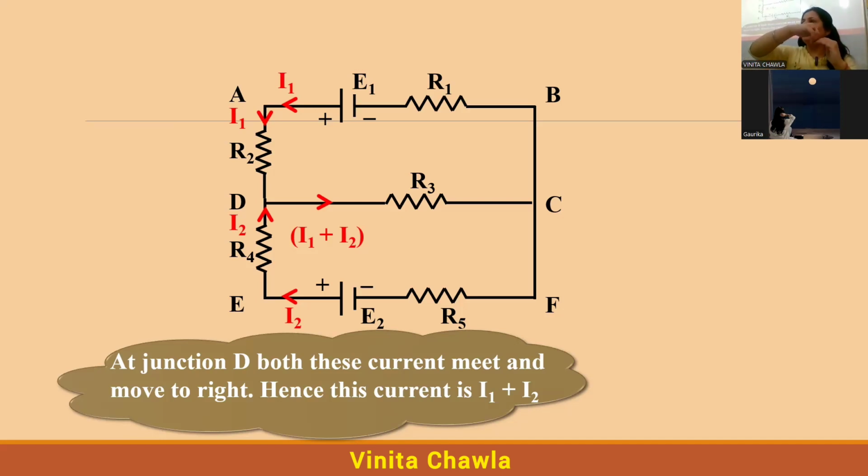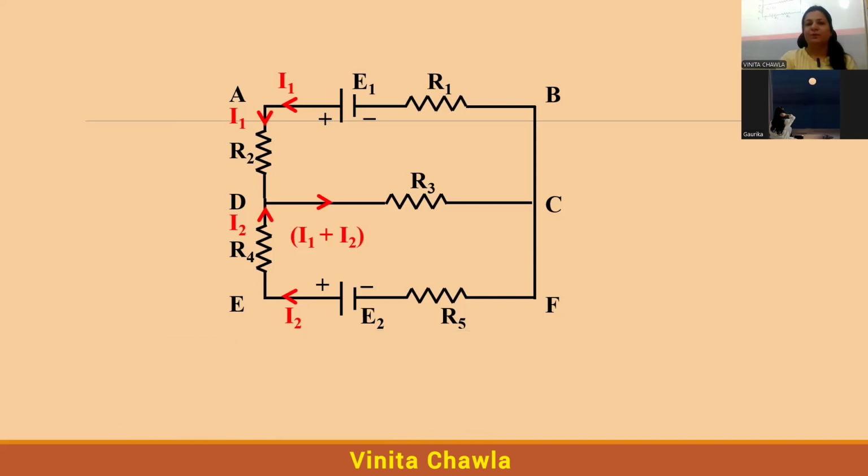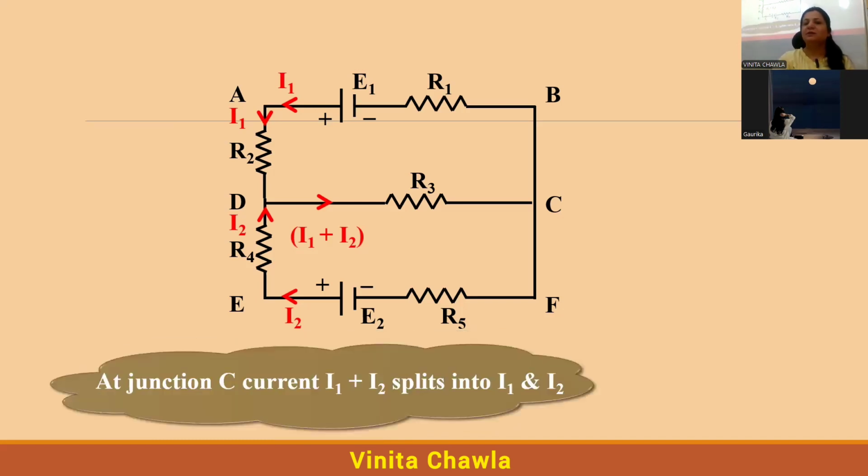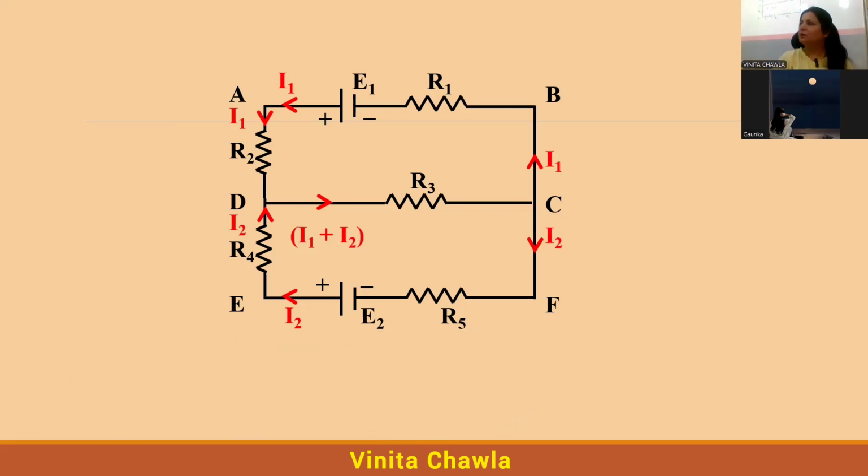Both meet at this point, and it moves through the middle wire as I1 plus I2. And again, at junction C, this current I1 plus I2 splits into I1 and I2. ठीक है, तो I1 वाला अपनी साइड चला जाएगा और I2 वाला अपनी साइड चला जाएगा. Clear?